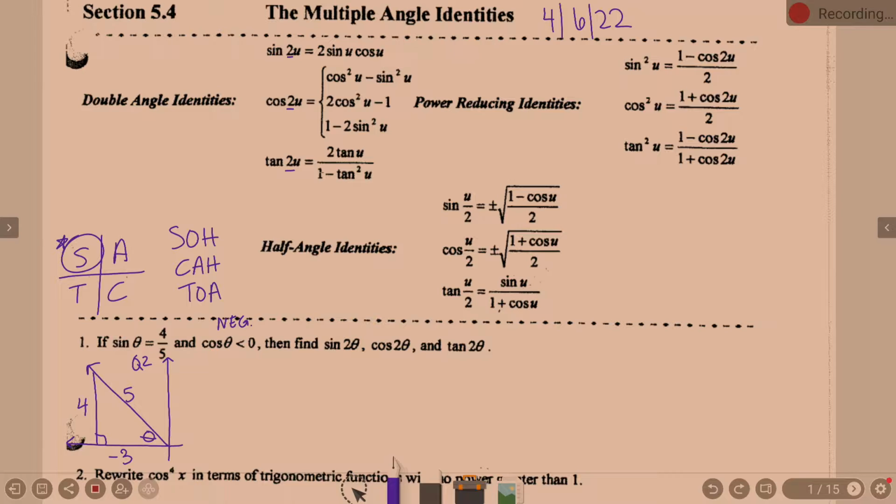Now, with that in mind, let's see. We were already provided sine of theta to be 4/5. I'm just writing it down so I have all my information gathered. What about cosine of theta?